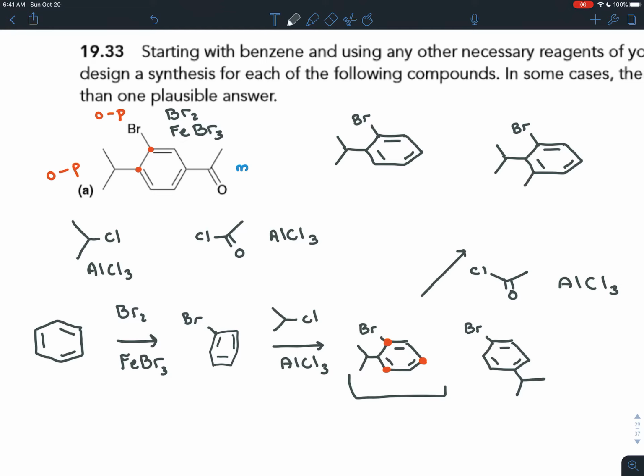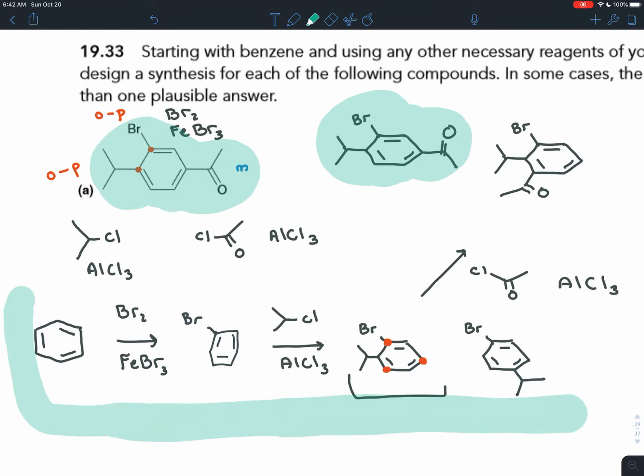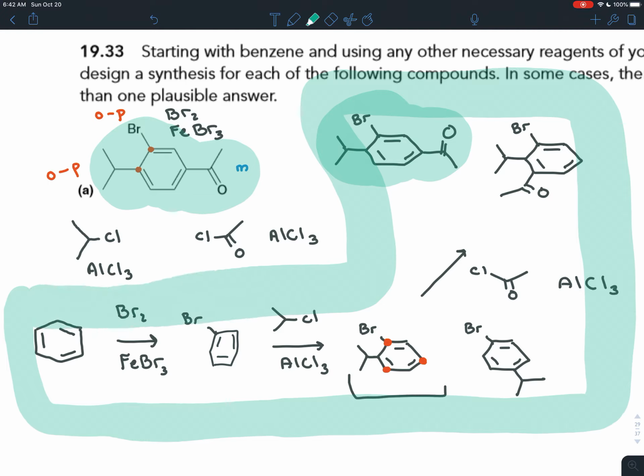One where we have the acyl group ortho, and then one where we have that acyl group para to the isopropyl group. And actually the major product there would be the one that has the acyl group para, because there's less steric hindrance, there's less crowding at the para position than at the ortho position there. So we do end up with that synthesis, we end up with the molecule that we wanted. And we get a whole bunch of other stuff.